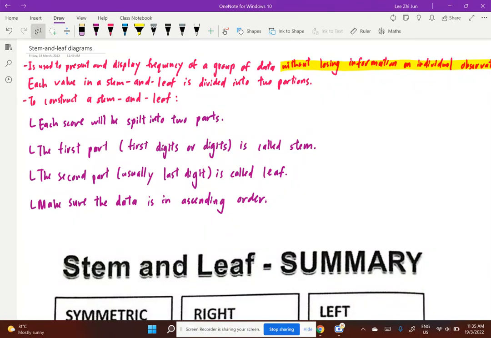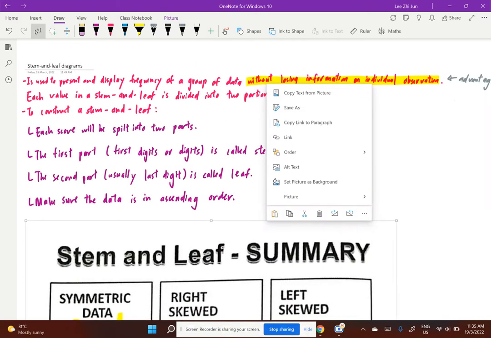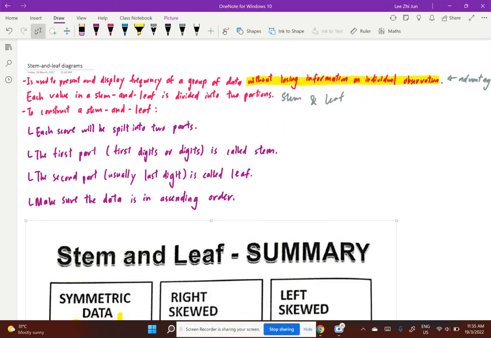Each value of a stem and leaf is divided into two portions, which are the stem and the leaf. To construct a stem and leaf diagram, each score will be split into two parts. Just now I said stem and leaf. The first part, usually the first digit or the first few digits, is called the stem.